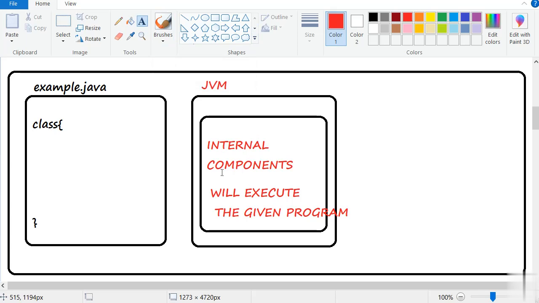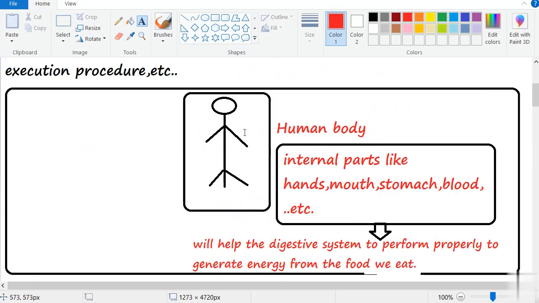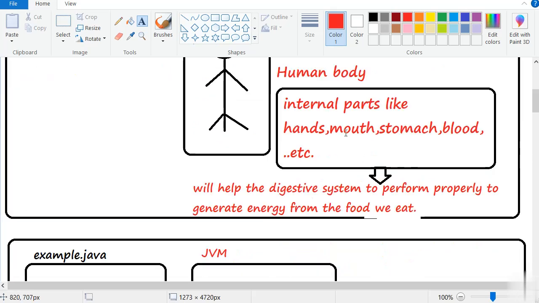After the internal components execute the given program, look at the human body: the internal parts help to digest the food so the digestive system performs properly to generate energy.